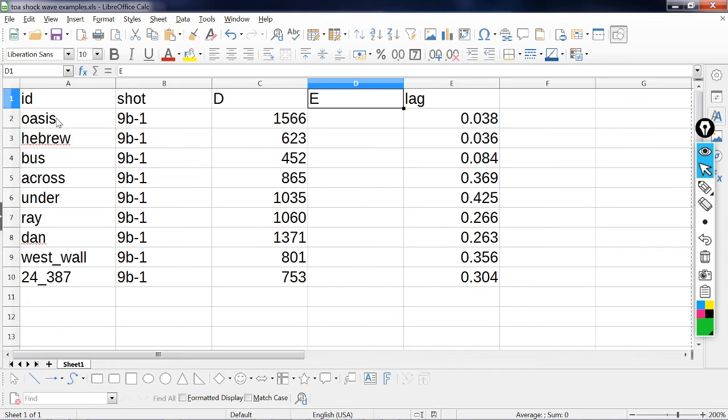Oasis is the Oasis Apartments. Hebrew is the two ladies speaking what I think is Hebrew in the Luxor parking lot. The bus is the Mandalay bus stop. Across is the guy on top of the trailer near the VIP West, and he's kind of looking around talking about cops and all that. Under occurs is a location near the front of the stage, down low, center, and they're by that lattice work that makes them look like they're under.